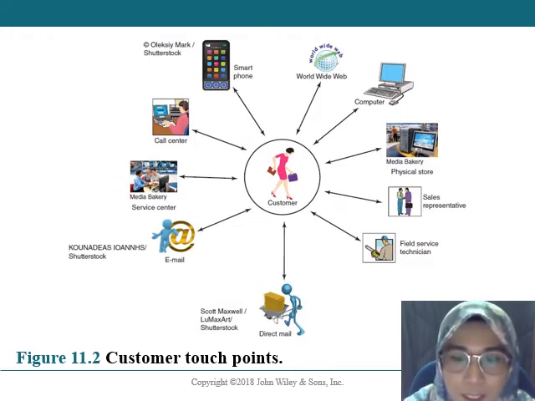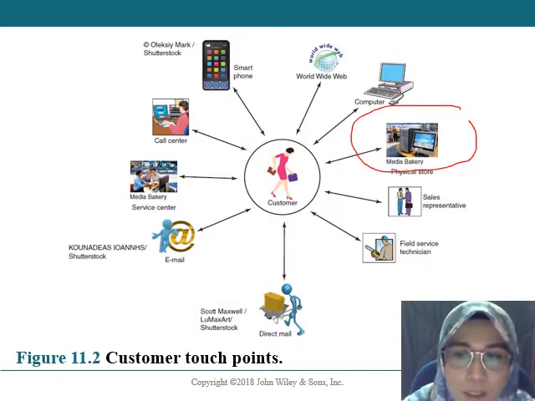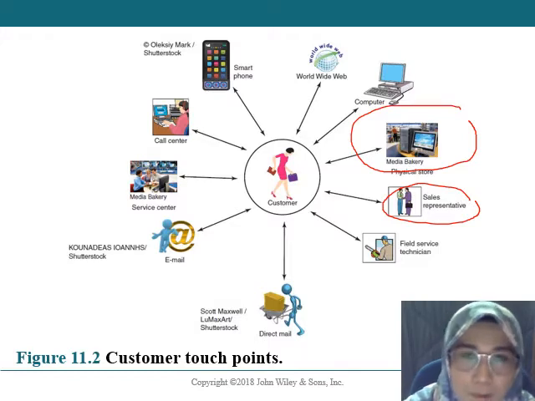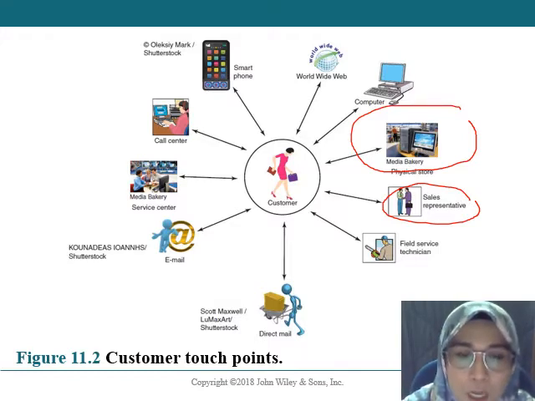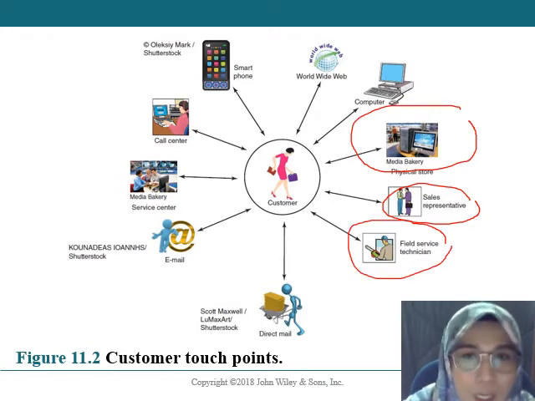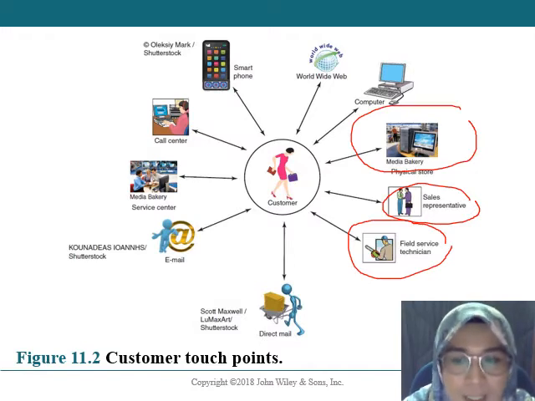As you can see, kita ada here physical store where the customer go to the physical store and then meet the sales representative, bila kita perlukan orang yang datang jual barang tu dekat kita, meet face to face, ataupun by doing a meeting, ataupun dari segi field service technician yang mana kita perlukan orang tu datang kat rumah kita untuk baiki ke kan, ataupun kita perlu hantar barang tu ke kedai ke.